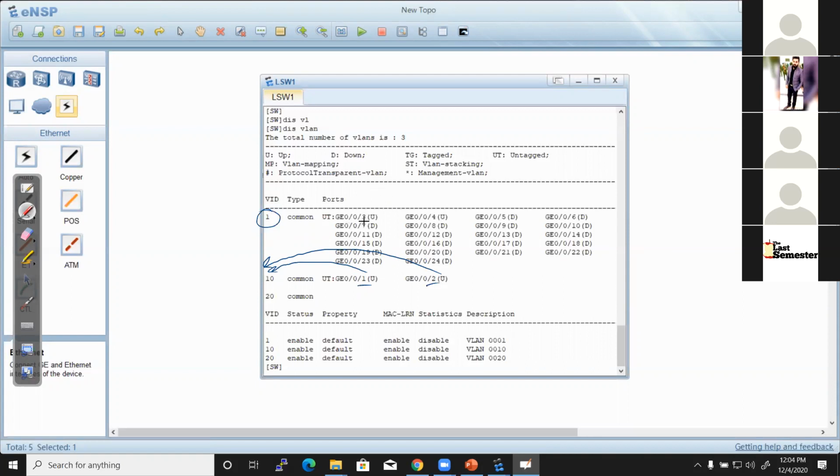And we need to do the same for interface 3 and interface 4, so I'm going to repeat it.